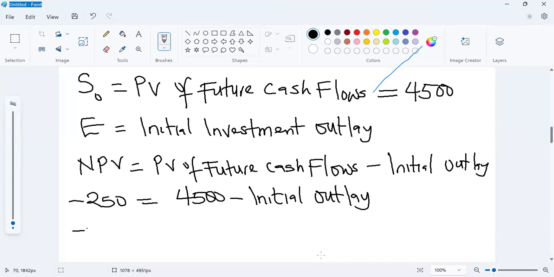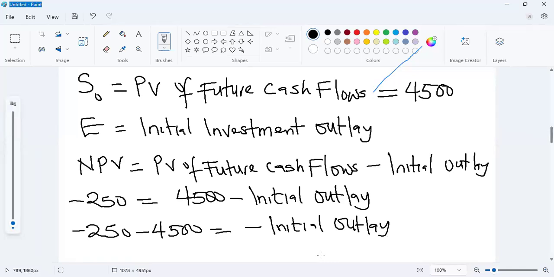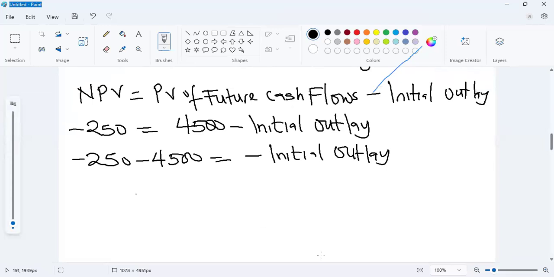This will give me 250 minus 4,500 is equal to negative initial outlay. This becomes negative 4,750 is equal to negative initial outlay.